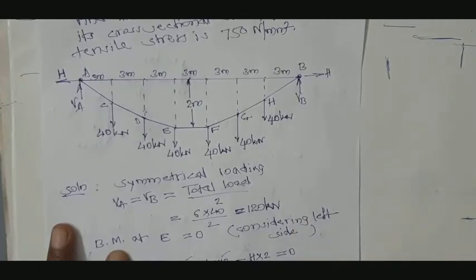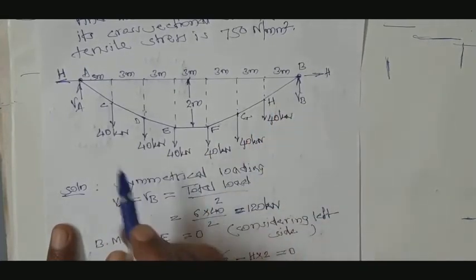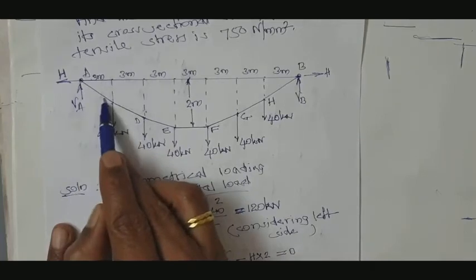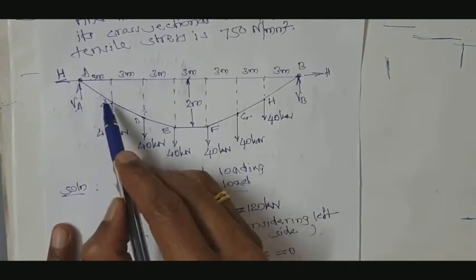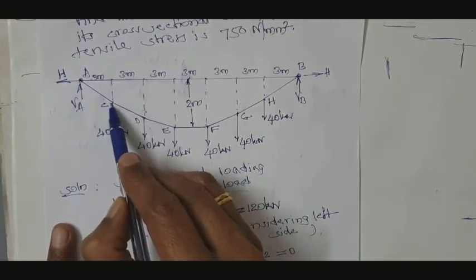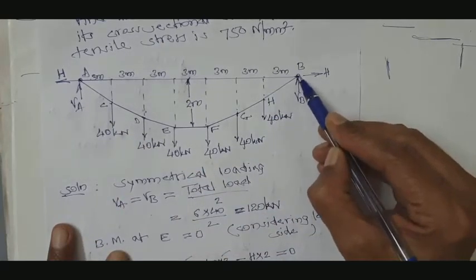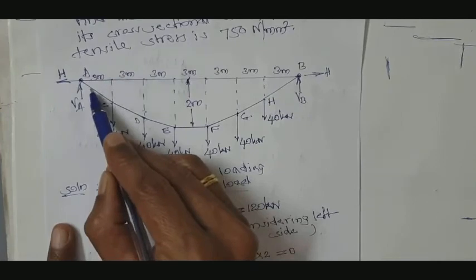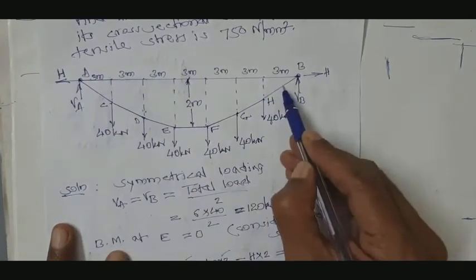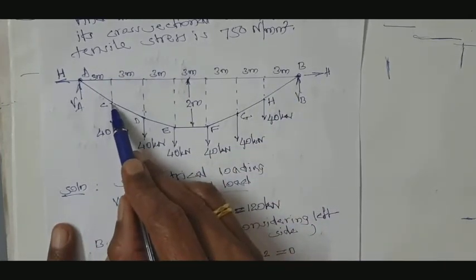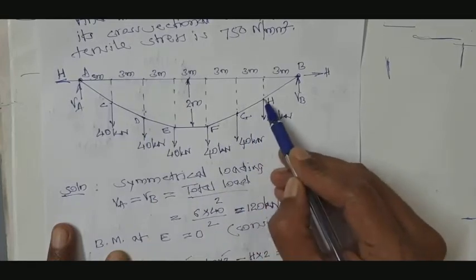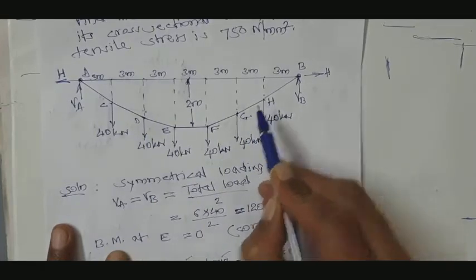Since it is symmetrically loaded, the length of segment AC equals the length of segment HB. So if you calculate this and multiply by 2, you automatically get this and this. Similarly, CD equals GH, again because of symmetry.